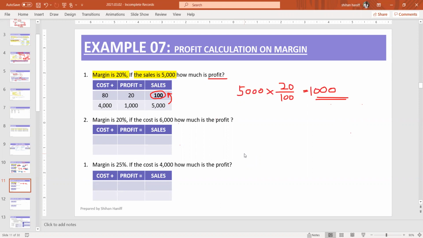If the margin is 20% and the cost is 6,000, how much is the profit?